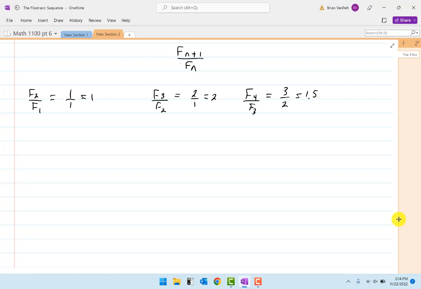I'm interested in cataloging the decimals. F sub 5 over F sub 4, that's 5 over 3, which is 1.6 with a bar over it. F6 over F5, that equals 8 over 5, which is equal to 1.6.